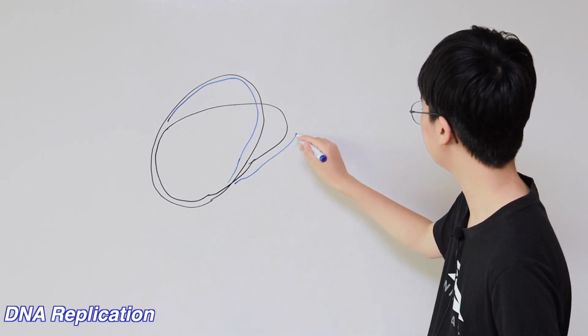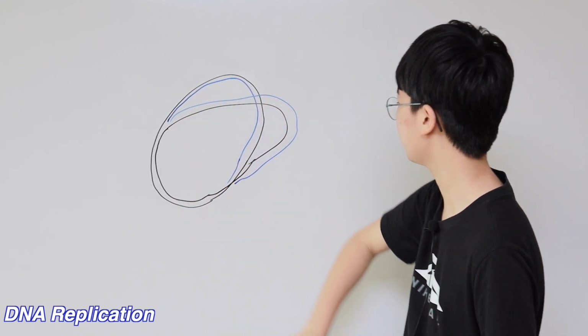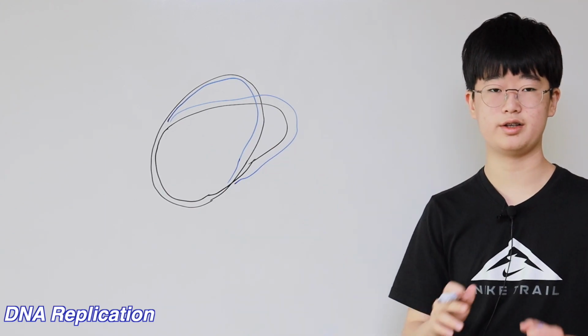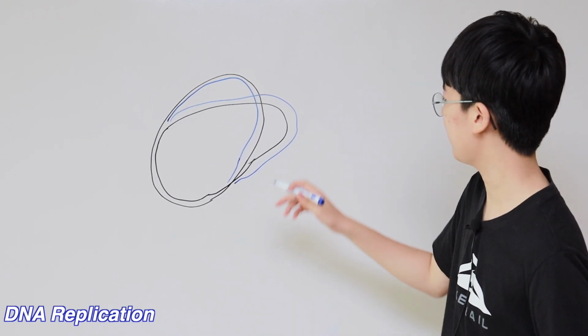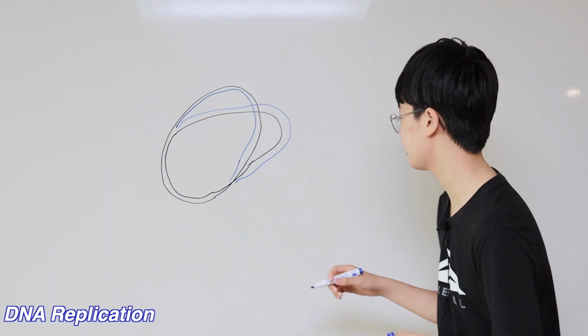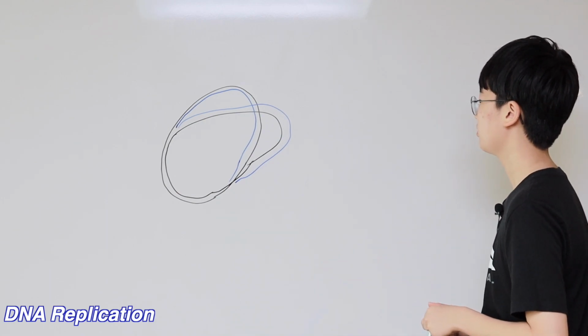And another new strand over here like that. And this looks about right. The blue ones are the newly made ones, and the black ones are the already existing ones.